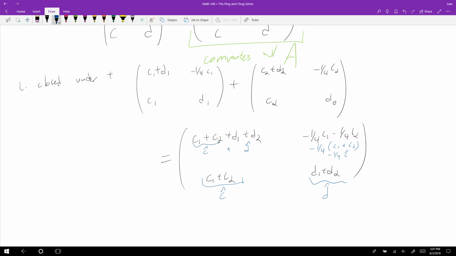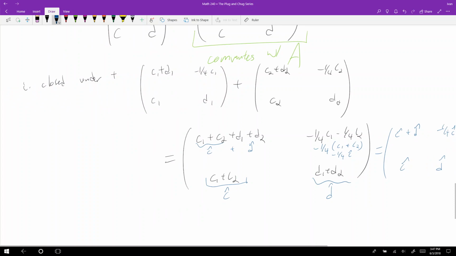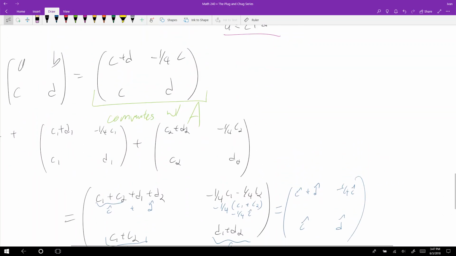So our entries in our matrix actually equal C hat plus D hat, negative 1/4 C hat, C hat, D hat. Okay, which is exactly in the form of this guy up here.